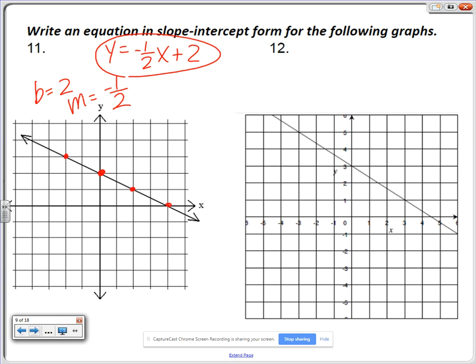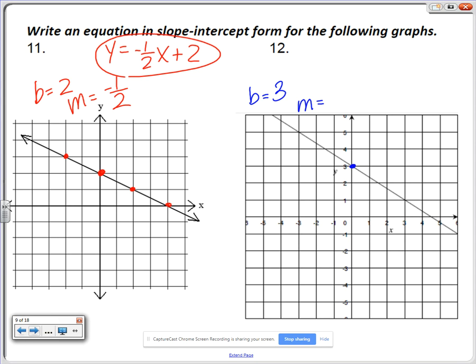How we doing working our way backwards there? Okay, let's do this last one. I need to know where it begins on the y-axis. Y'all see that 3 right there? Now I need a slope, which means I need another nice point.